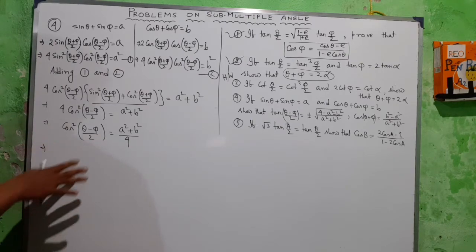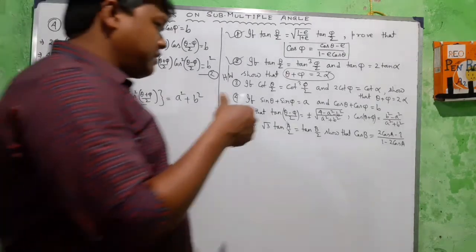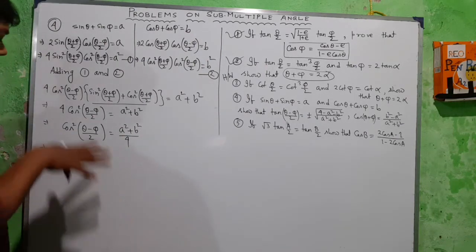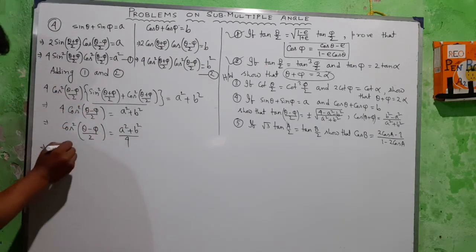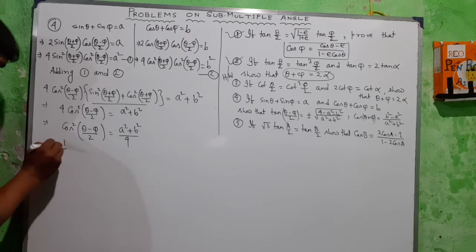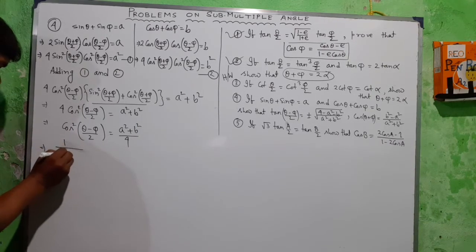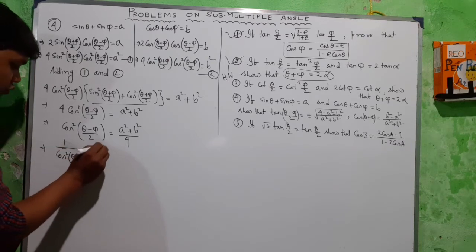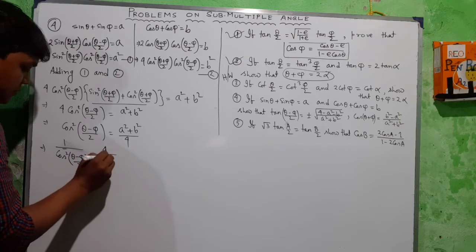So we have to put that tan (theta minus phi)/2. So we have to boil it down as a sec square. So 1 by cos square (theta minus phi)/2 equals 4 by (a square plus b square), right?